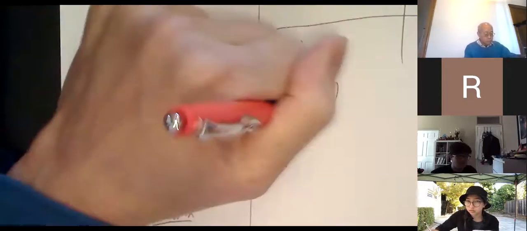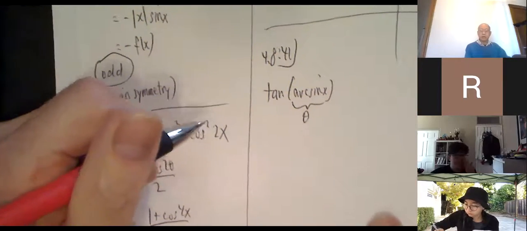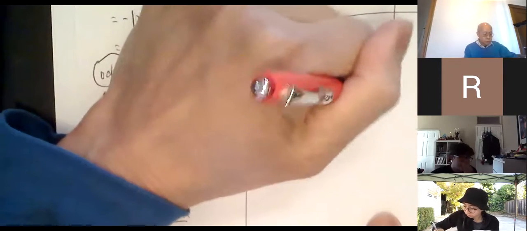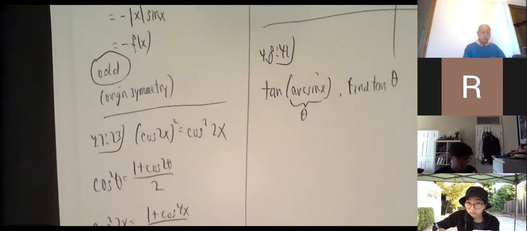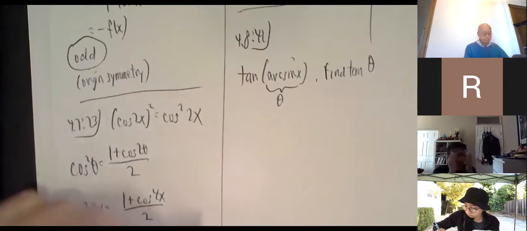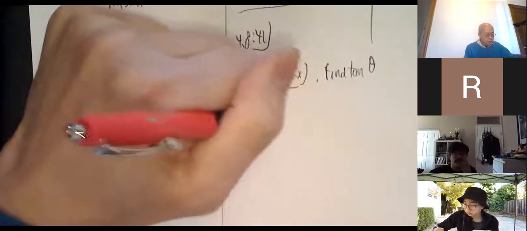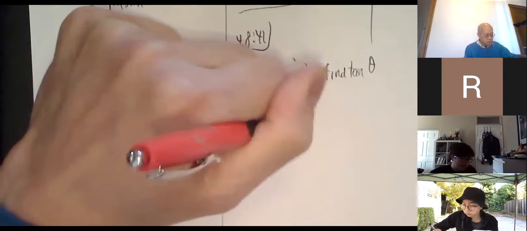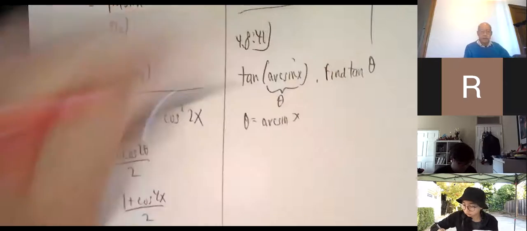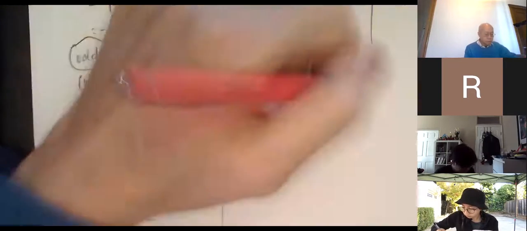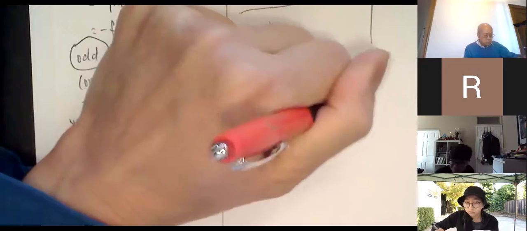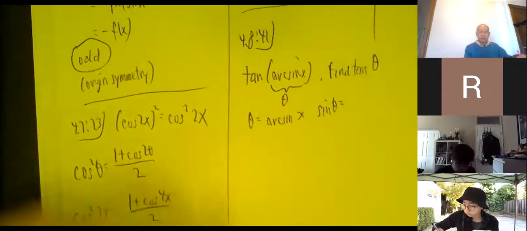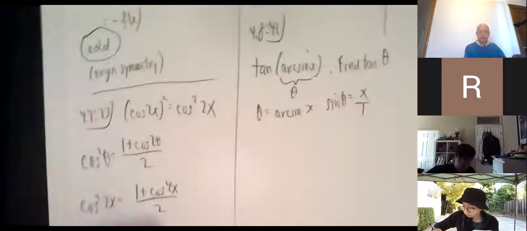Okay, so I'll call this theta, which ultimately means I'm trying to find the tangent of theta. So theta equals arc sine x. Write it without the arc: sine of theta equals x, which I'm going to write as x over 1.